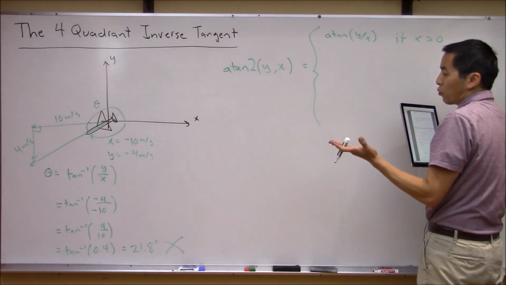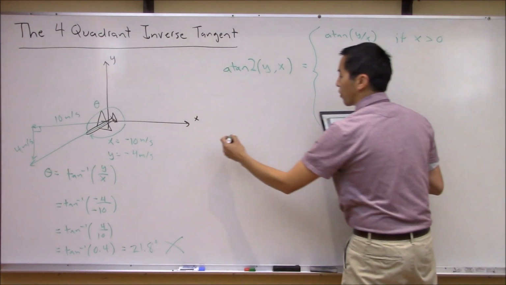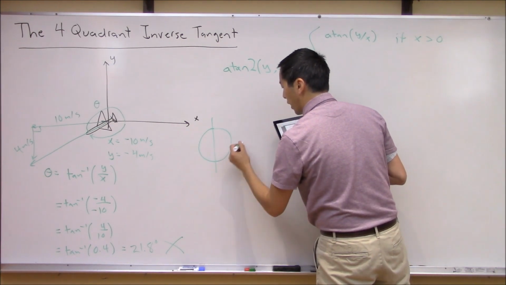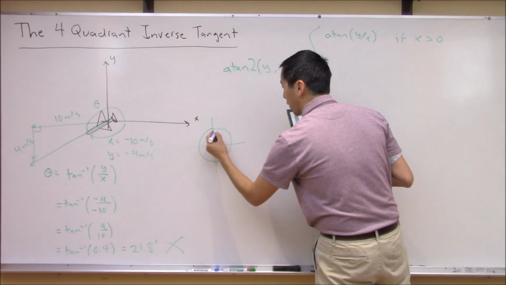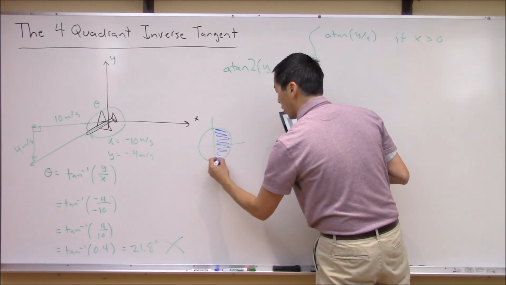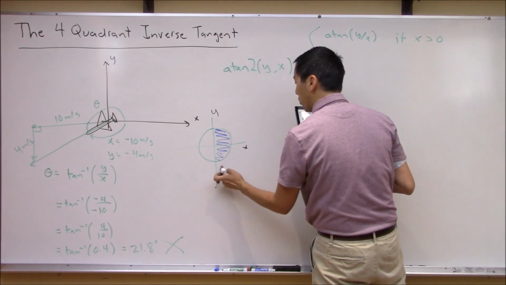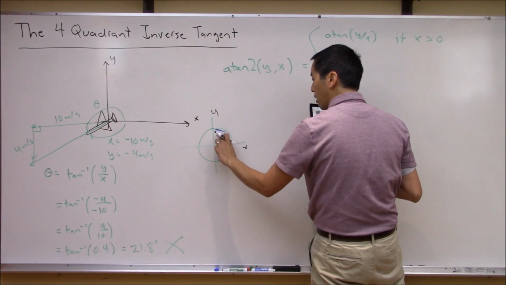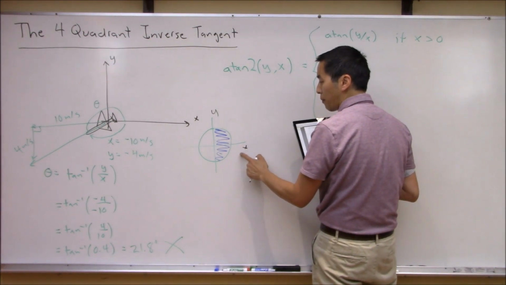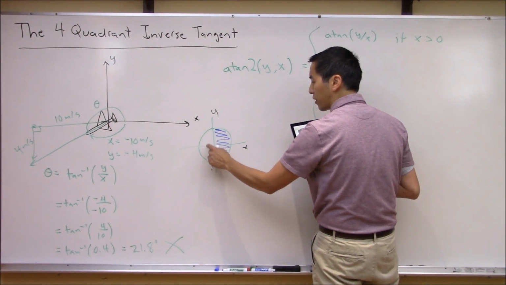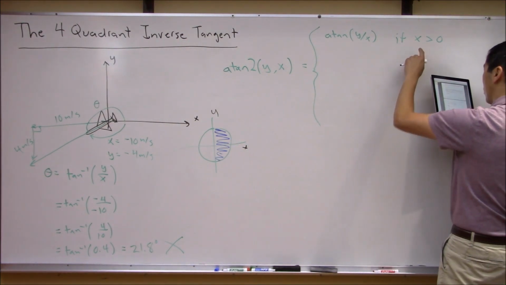Because we saw in the case where x is greater than 0, if we draw the circle that I had earlier that I unfortunately just erased, the normal atan function returns values in this quadrant, and it does that correctly. So again, here's x and y. When x is positive, the normal atan function works great. The only time it starts messing up is if you want results in some of these other quadrants.